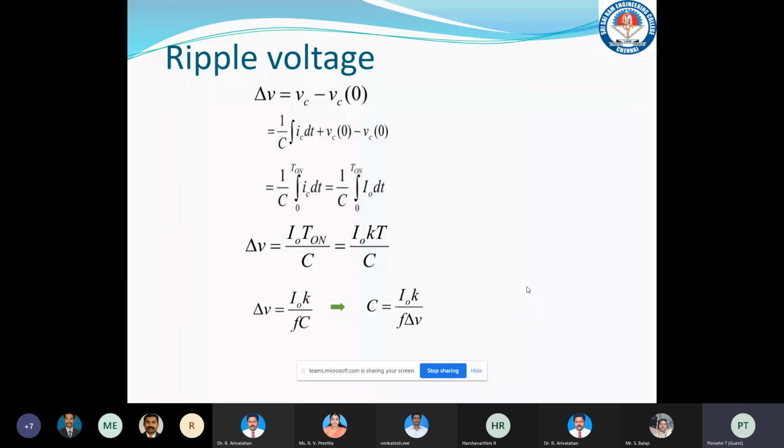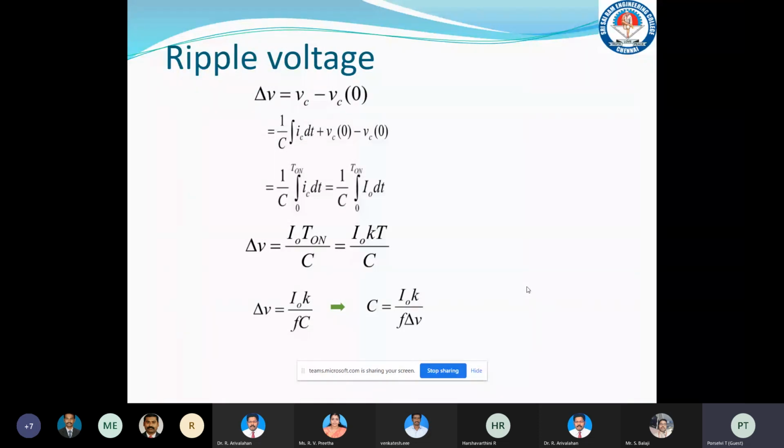And so the del V expression will be 1 by C integration. Since IC, we are going to take the capacitor current during the mode 1, which is equal to the output current I naught. So 1 by C integration 0 to T on I naught into dt will give you the ripple voltage del V is equal to I naught T on by C.